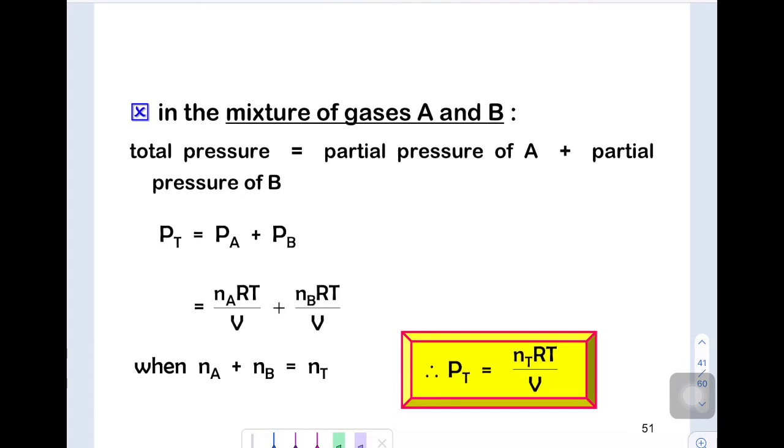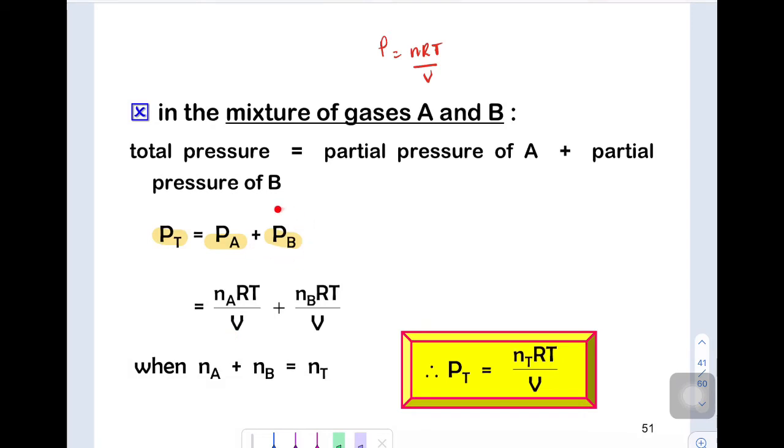According to the ideal gas equation that we have learned before, the pressure is equal to nRT over V. So if P total is equal to the partial pressure of A plus the partial pressure of B, it means PA is nART over V: the number of moles of gas A multiplied by the gas constant and the temperature, over the volume of the container.